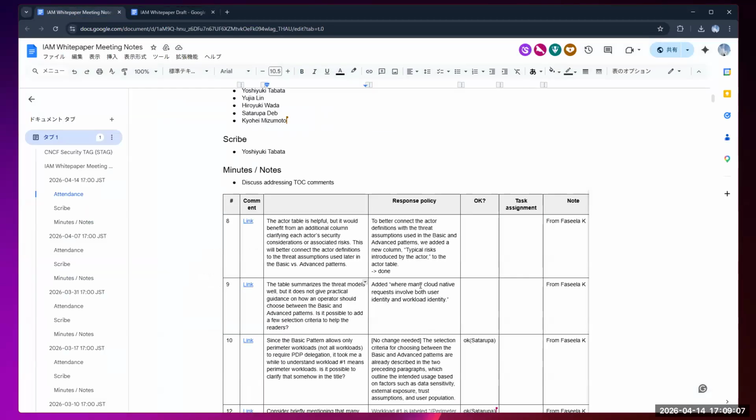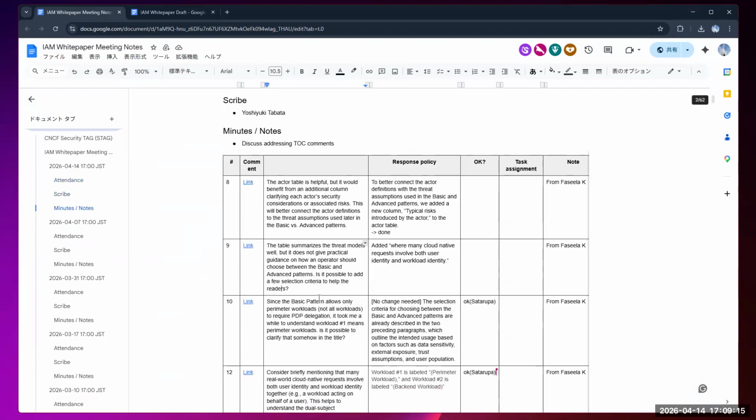This, where many cloud native requests involved both user identity and workload identity.